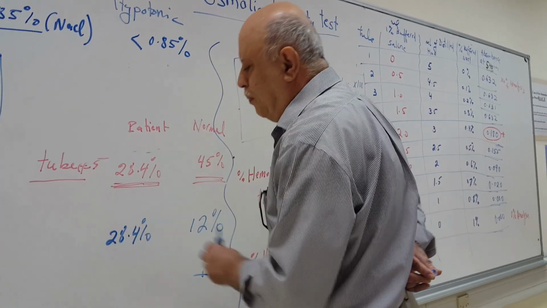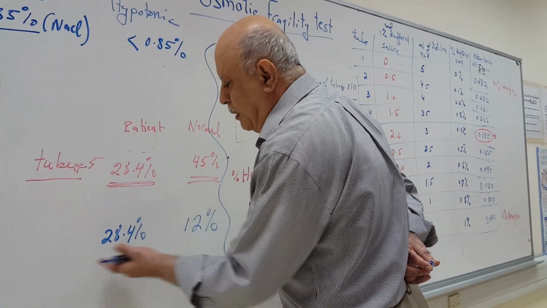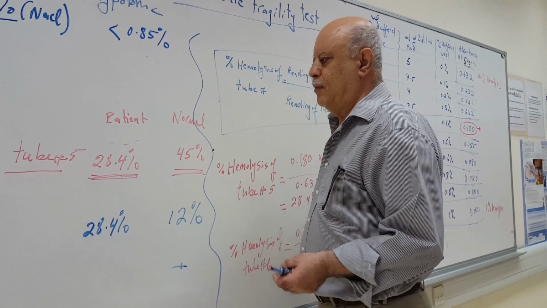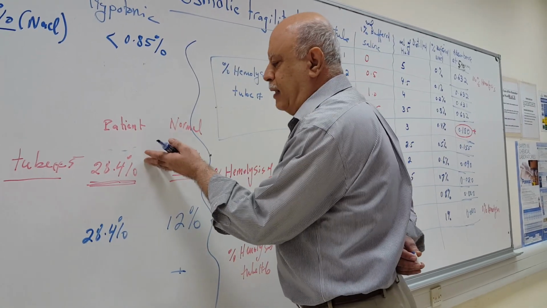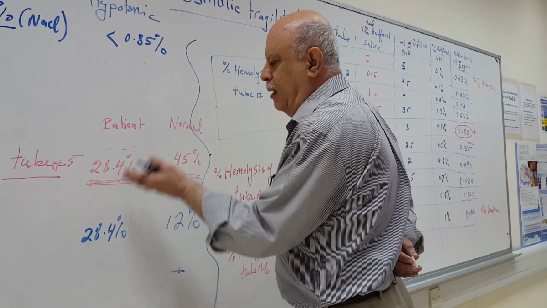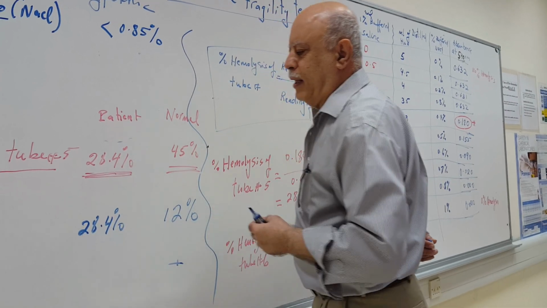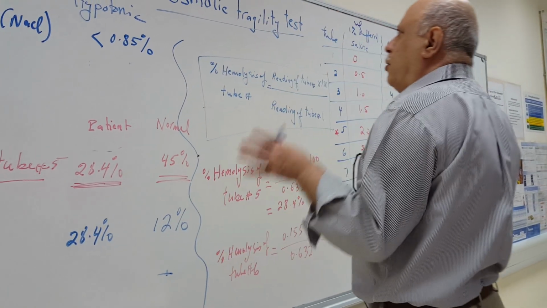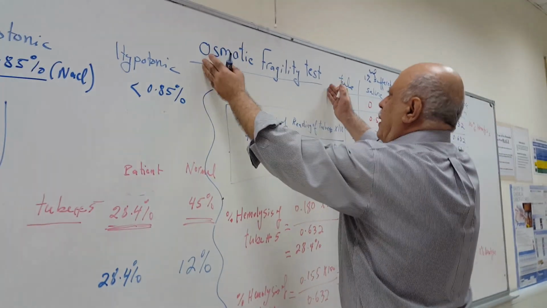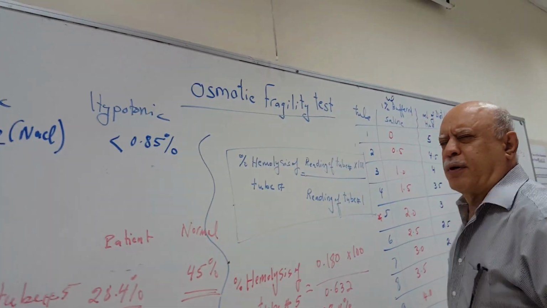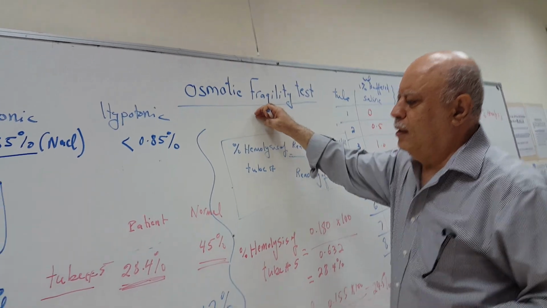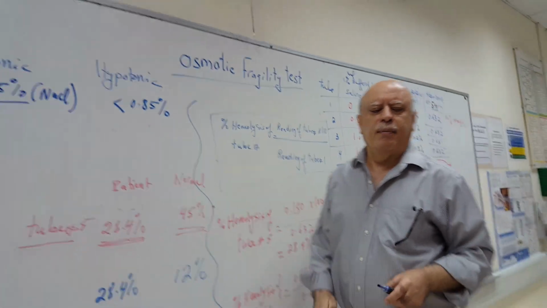What it means, the patient has most likely spherocytosis. So in this case, either thalassemia or sickle cell anemia, and in this case most likely spherocytosis. And we usually use this test to check for spherocytosis. This is the most sensitive for spherocytosis. Thank you very much.